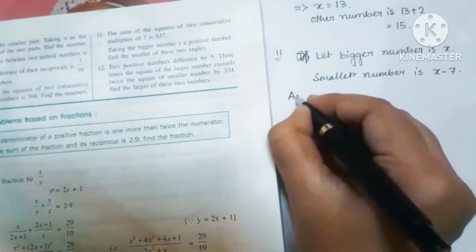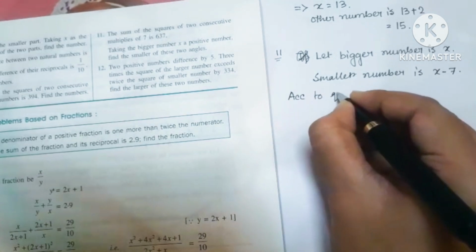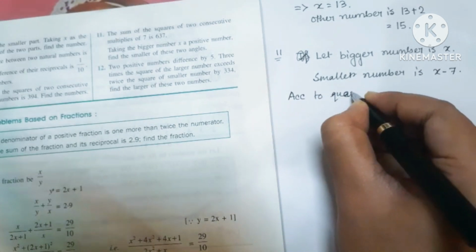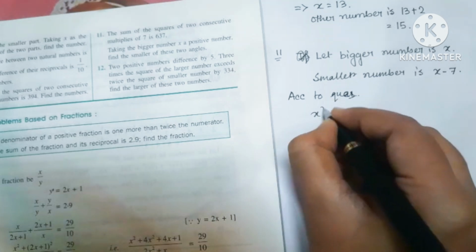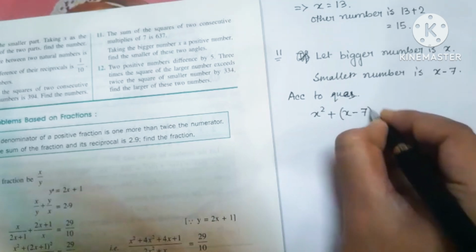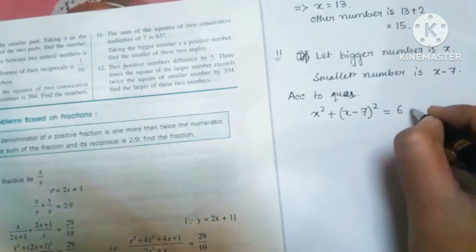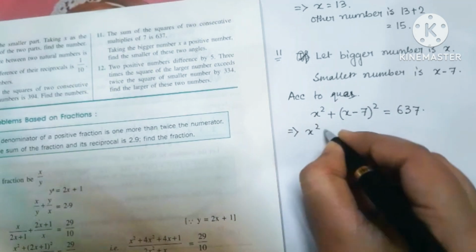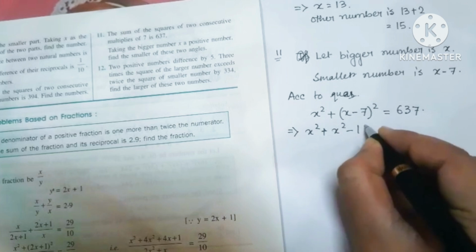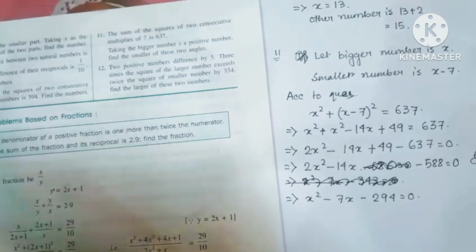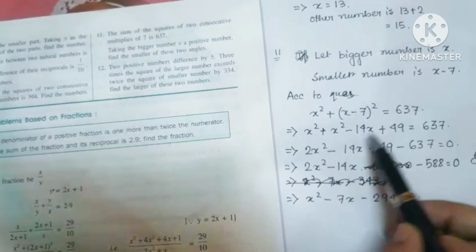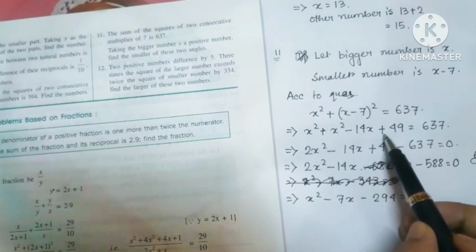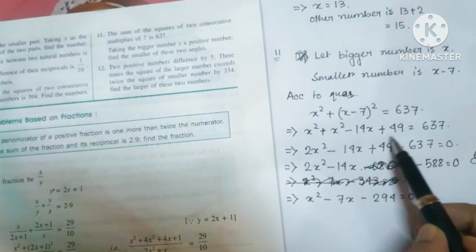Now according to the question, x square plus x minus 7 square equal to 637, okay. Now if you see, 7 square means plus 49.